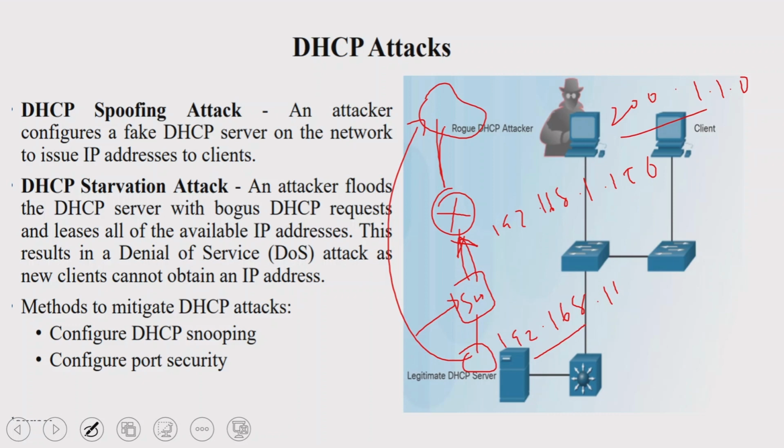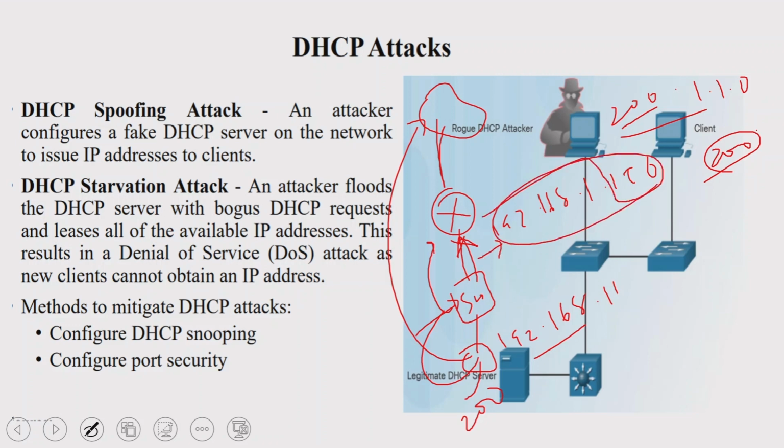Suppose instead of this series, the user gets an IP from the 200 series. What will happen? The moment it is assigned an IP from the 200 series, it will go to the switch, but the switch will not forward it to the router, because on the router interface the gateway we have given is only 192.168.1.100, so this user cannot connect to the internet.